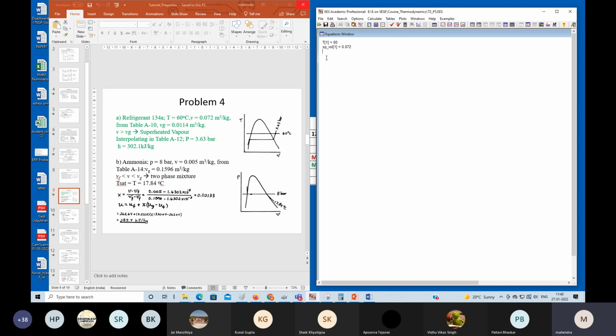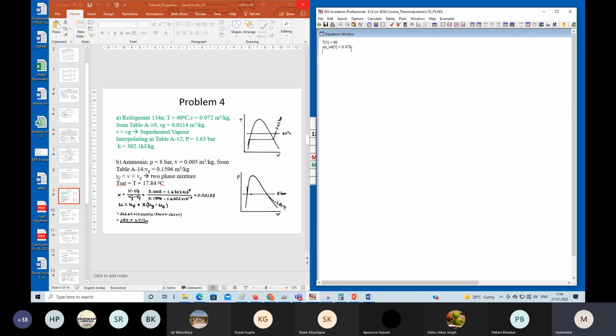If the specific volume is more than that of the dryness fraction of 1, that means it is superheated. If this value is less than that, then it is saturated, in between the latent heat stage, with a certain dryness fraction.